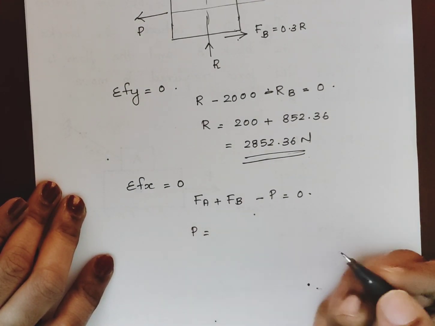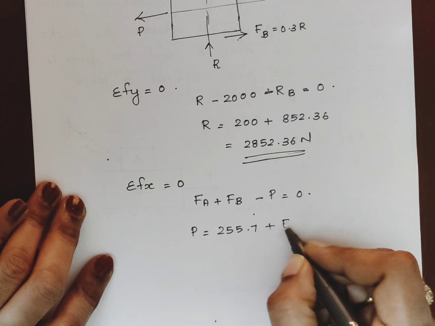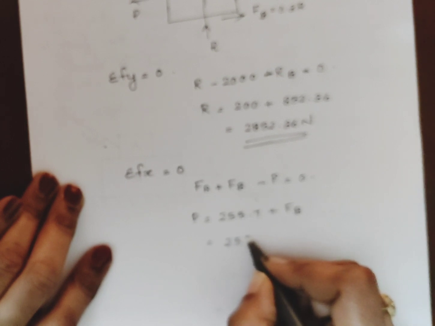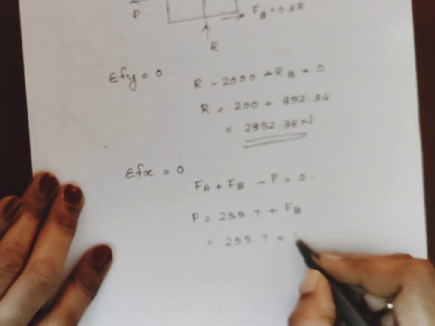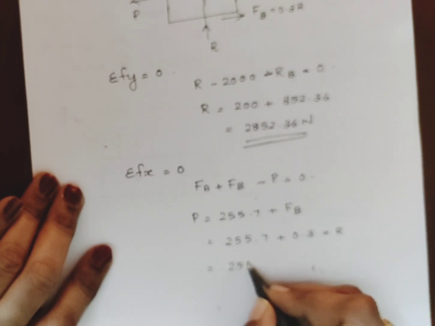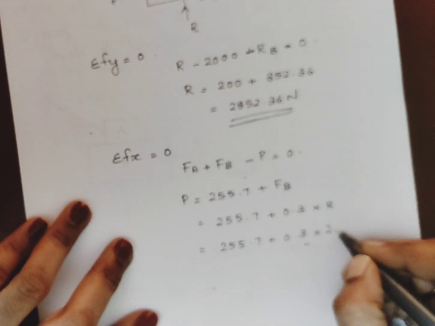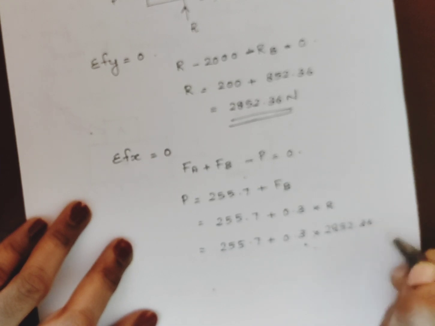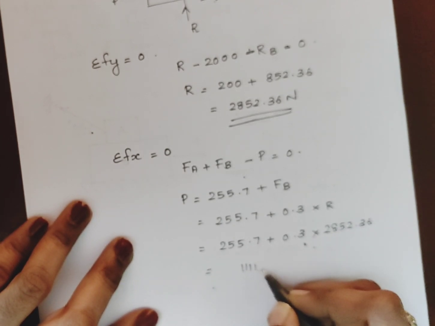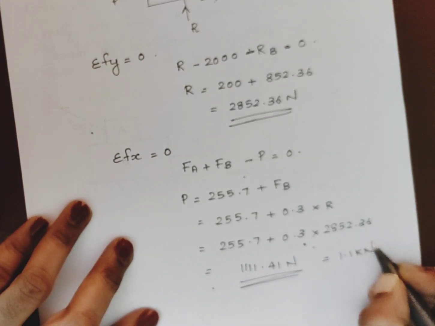So P is equal to Fa, it is 255.7 plus Fb, that is equal to 255.7 plus 0.3 into R. So that is equal to 255.7 plus 0.3 into 2852.36. So this is equal to 1.41 Newton. That is equal to 1.1 kilonewton.